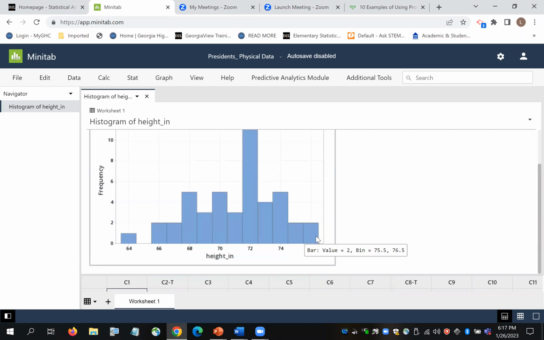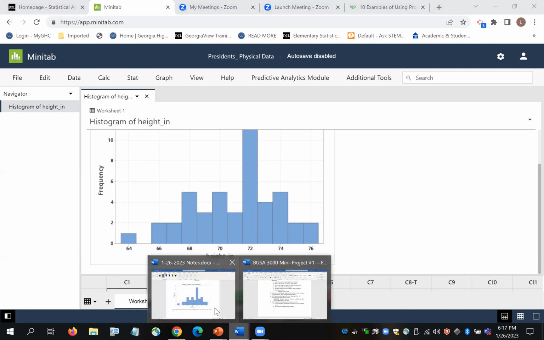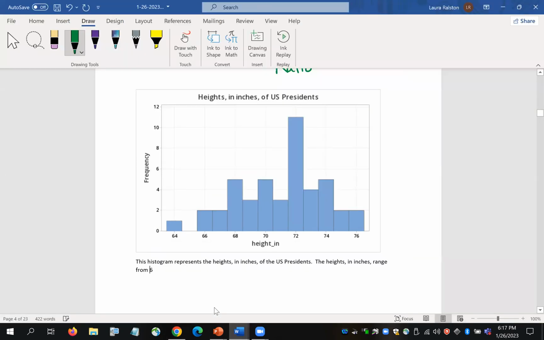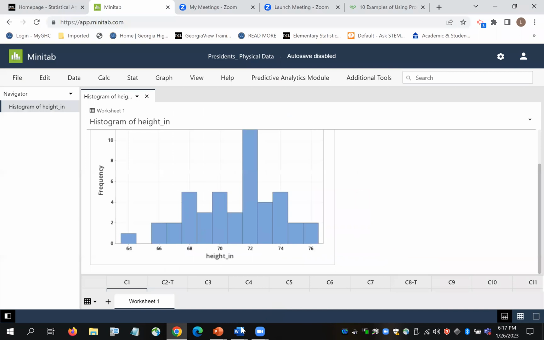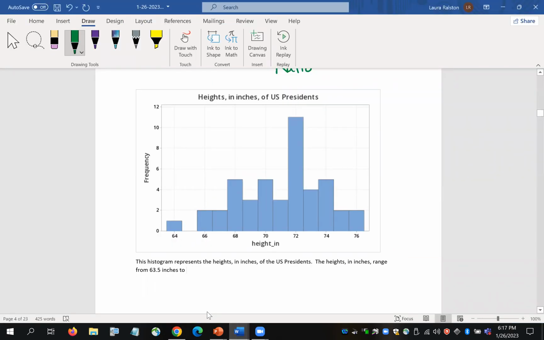And if I go up to the highest bar, it goes to 76.5. So I would say that they range from 63.5 inches to 76.5 inches.